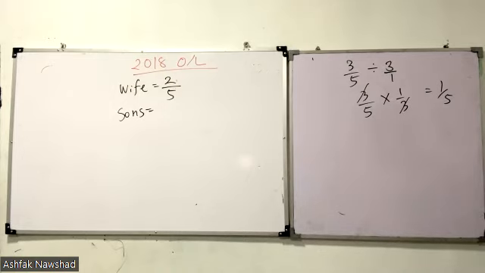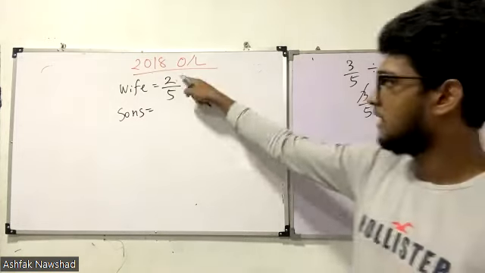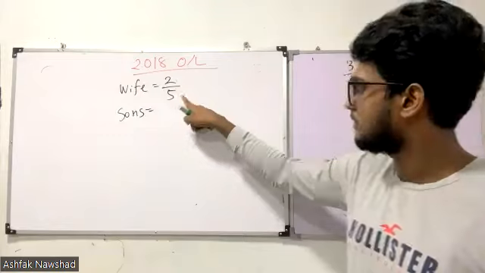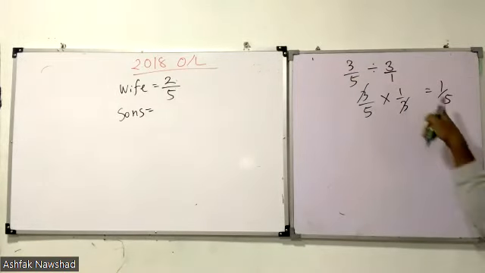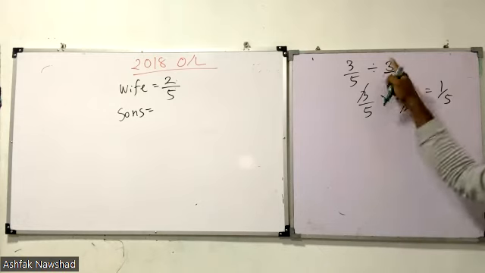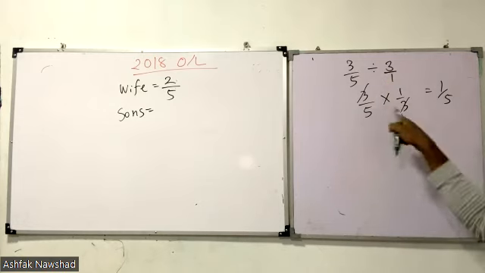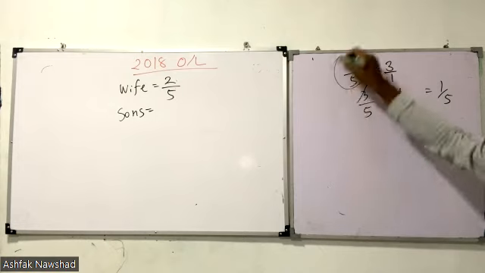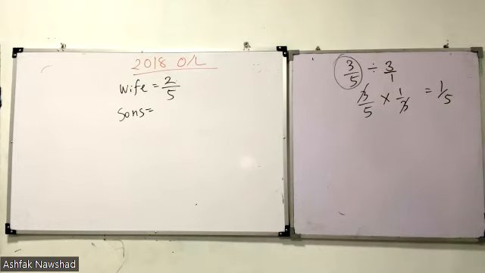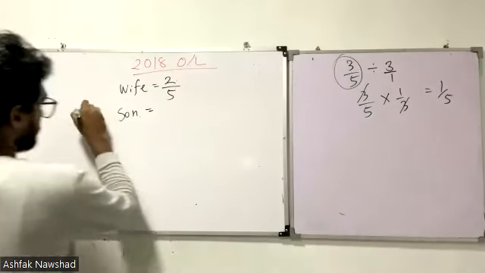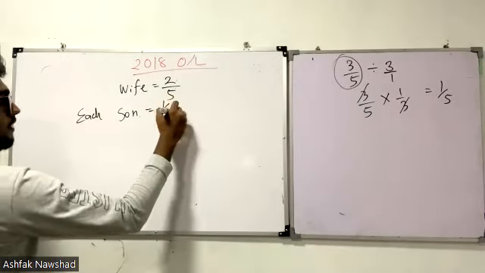Is that understood? As per his plan, he was about to give 2/5 to his wife and 1/3 of the remaining to his sons. This is the remaining, he divided it by 3. That's clear, right? So each son would get 1/5.